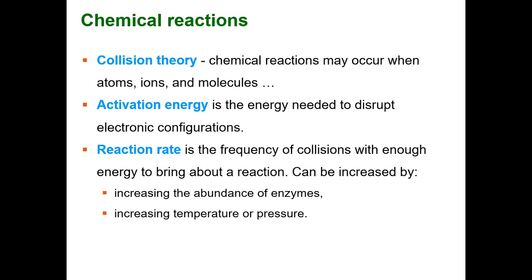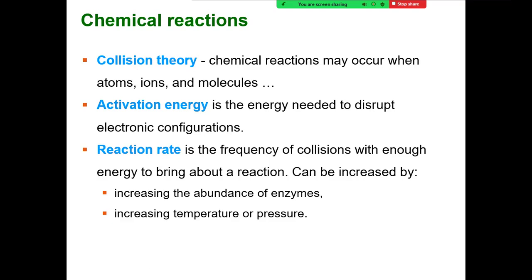And that energy is called the activation energy. The energy needed to disrupt the electronic configurations in the starting reactants to make the products. The reaction rate is the frequency of the collisions with enough energy to bring about a reaction.